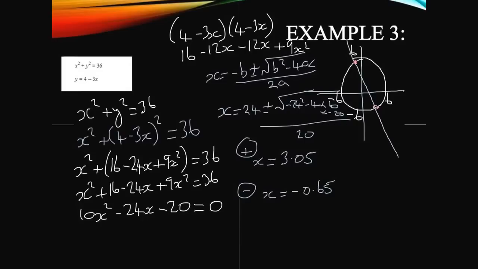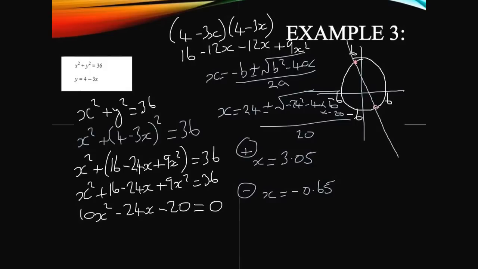Again, I've just rounded this to two decimal places. I've got two values now. I've got my two x values. I've got a value here for x, 3 and a bit, and I've got a value here, minus 0.65. Okay, and that kind of looks about right for what we're doing here.